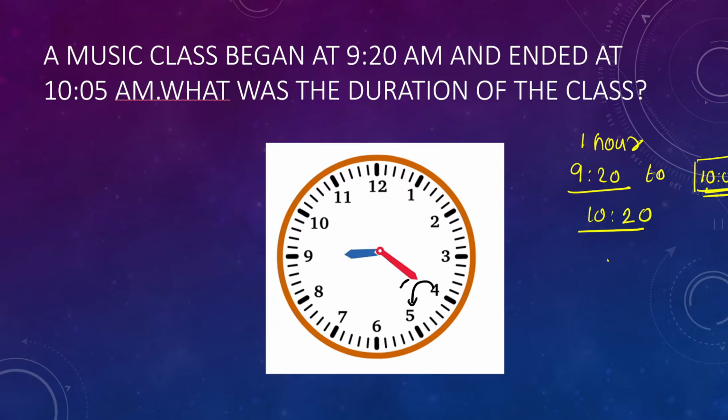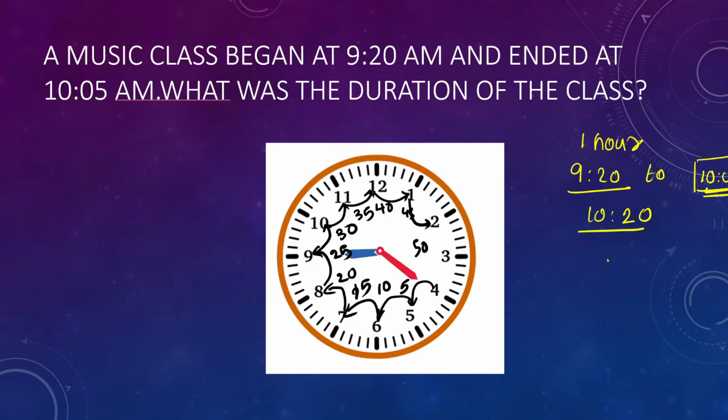Draw a clock and mark 9:20, and from 9:20 mark how many minutes it takes: 5, 10, 15, 20, 25, 30, 35, 40, 45, 50. So it takes 50 minutes.